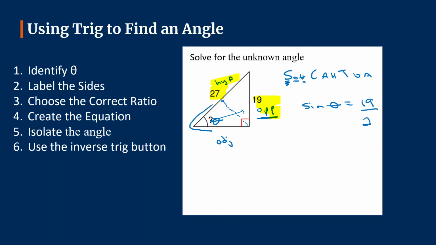over hypotenuse. Now this time I can't just go to my calculator and type in sine theta, because obviously theta is not a number. To solve for theta, I want to remove sine from theta. I want to undo sine, or do inverse sine. I'm going to do this just the one time, and then you'll see the shortcut.